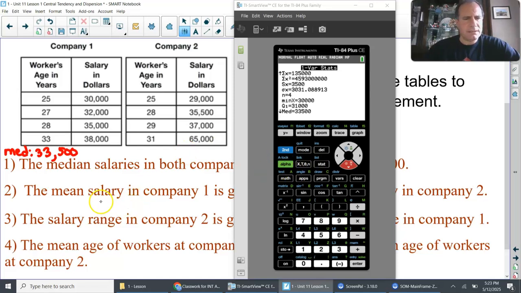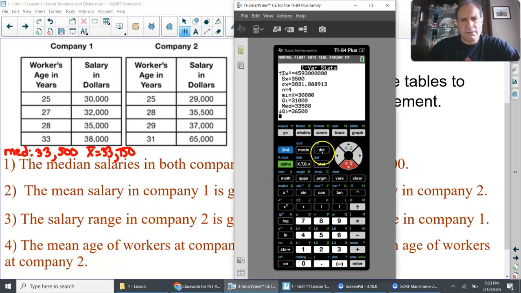And then the mean salary of company 1 equals 33,750. All right, the salary range would be the smallest. I'm going to sort them in second function L1.